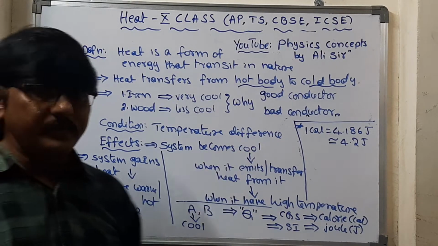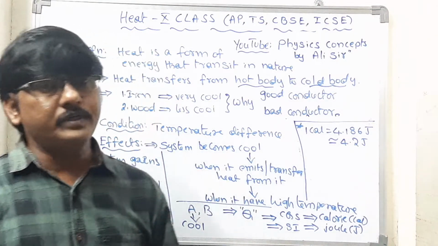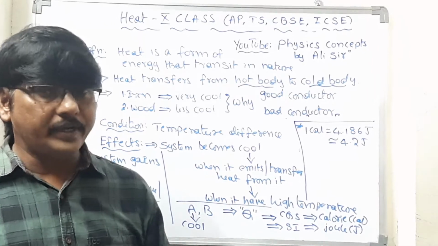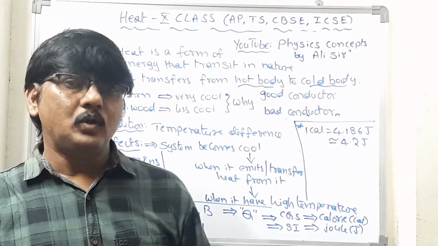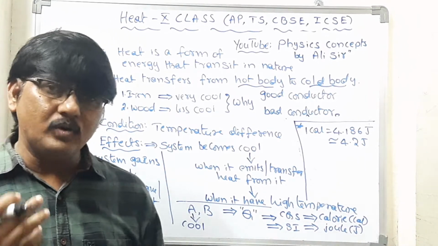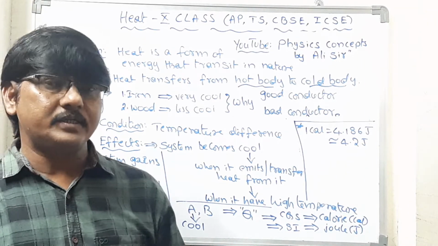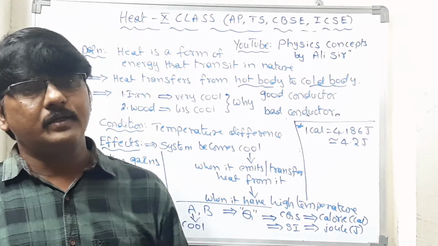And afterwards, what is the definition of a calorie? Many times it is asked. The amount of heat required to raise the temperature of 1 gram of water by 1 degree Celsius is called a calorie.